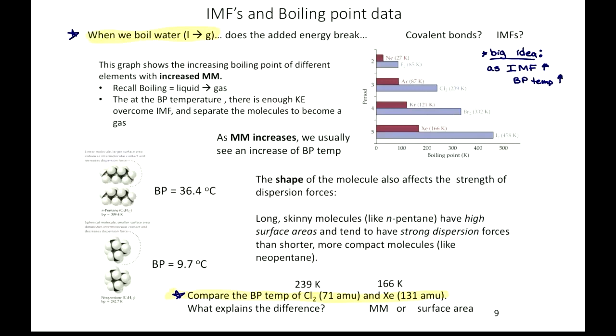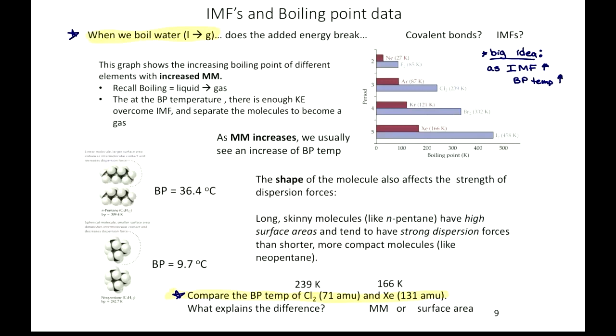So when we boil water, what are you breaking? When you turn a liquid to a gas, do you break covalent bonds or do you break intermolecular forces? Yeah, you break the attractions between molecules, because boiling water is a chemical or physical change? Physical. So we're not breaking any chemical bonds, any covalent bonds here.